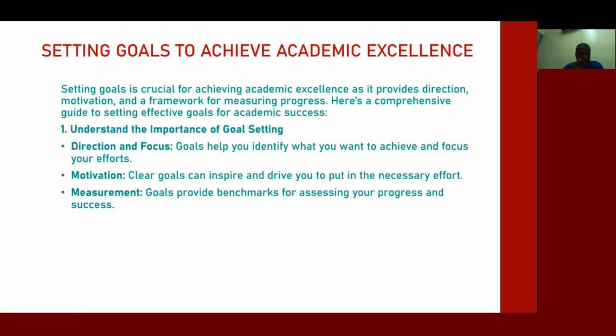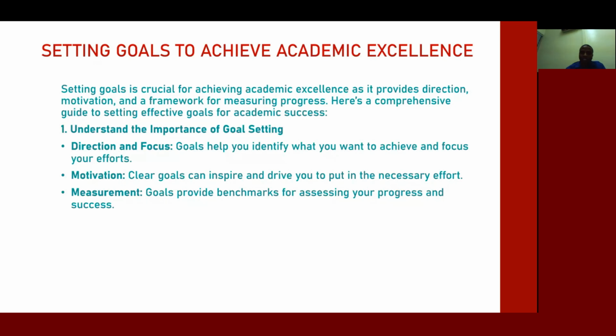So number one, we can understand the importance of goal setting. Now, this is through the direction and the focus that we'll be following. Because our focus is to achieve a certain goal that we have set up at the individual level.